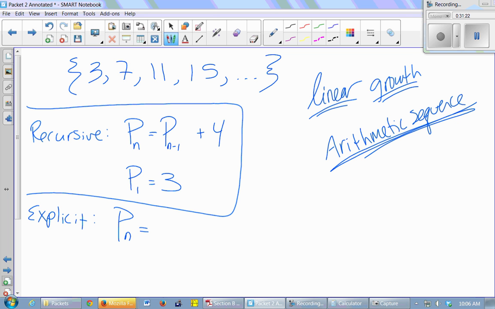Multiplying, right? Adding a number over and over is multiplication. So I'm going to start with a 3, and I'm adding 4 over and over again, which is multiplying. However many times you add it, you multiply by n. So you start with 3 and you add 4 n times.